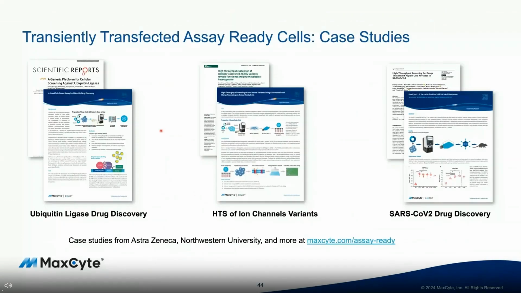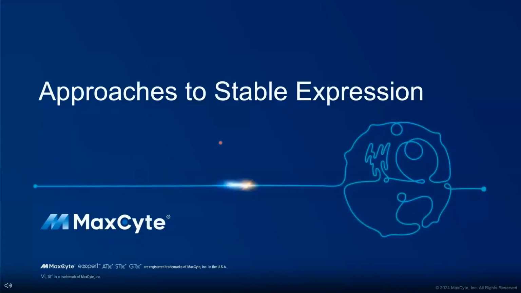These are publication examples of transiently transfected assay-ready cells, from ubiquitin ligase drug discovery to high-throughput screening of ion channel variants, and also including drug discovery with SARS-CoV-2. And then in terms of approaches for stable expression, there are multiple ways to do this.